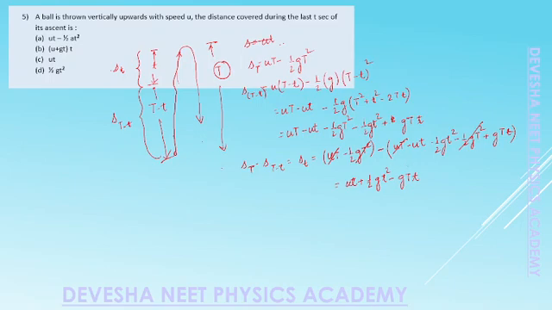Also we know that when this is traveling up, what will be the time taken? We know that v is equal to u minus g T. Now v, the speed attained at the top, is 0, which means u is equal to g into T, because T is the total time taken to the top.